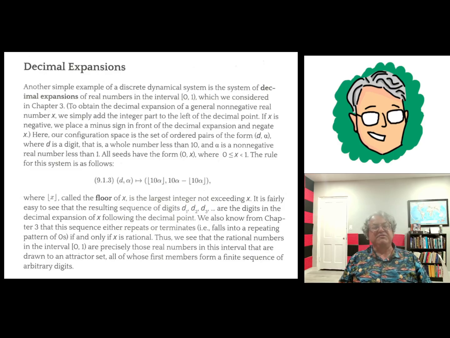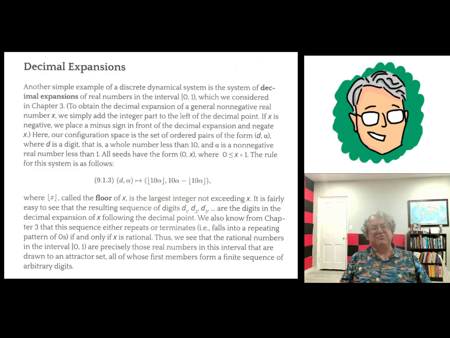Alpha has to be less than or equal to 1 in order for this to work, because it's a remainder upon division. And that's the digit that you get. And then the remainder is just going to be 10 alpha minus the floor of 10 alpha.